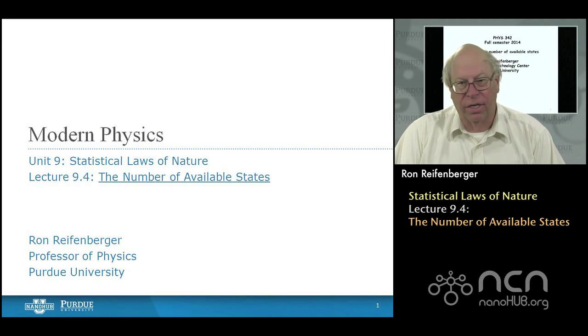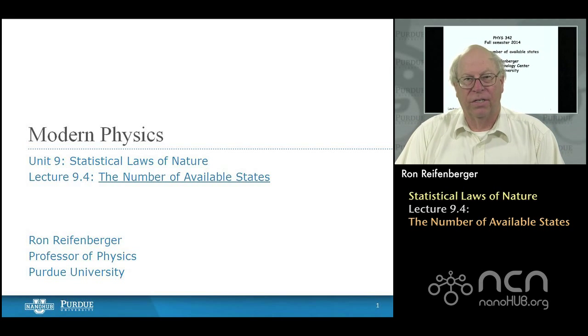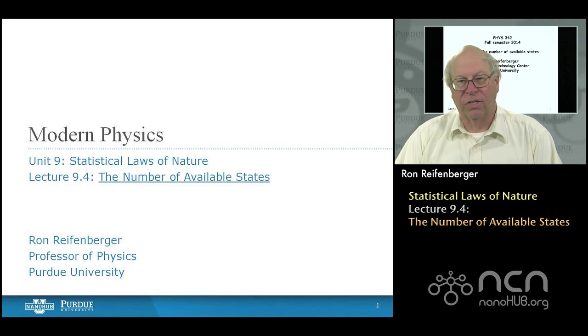Well, this lecture is going to discuss a particular system with 6 particles, and we're going to try to illustrate a lot of the essential features that need to be taken into account in order to do the statistics of this system in a meaningful way.